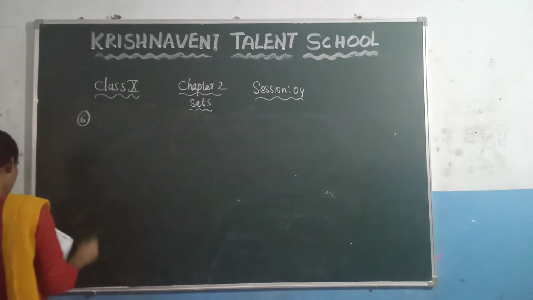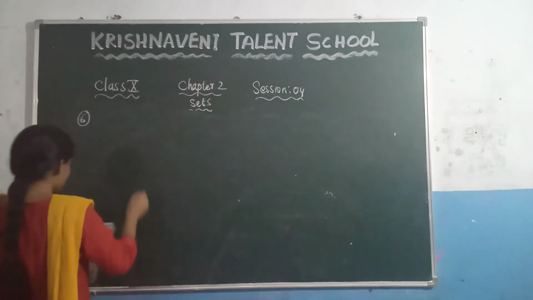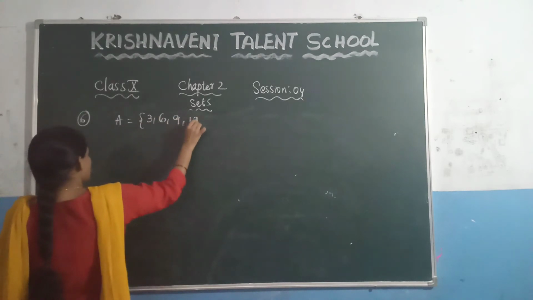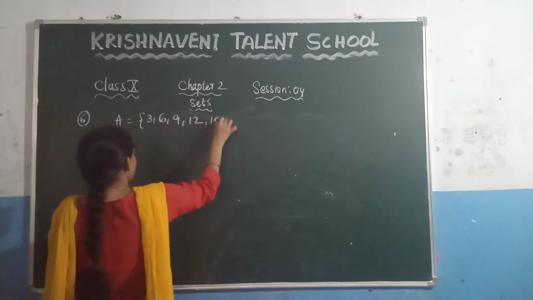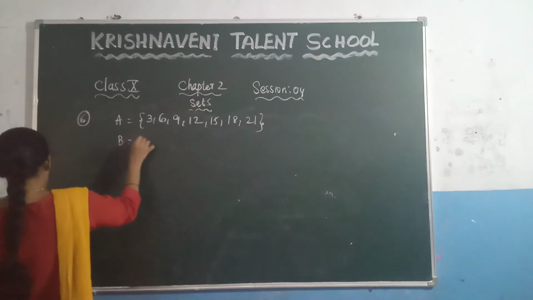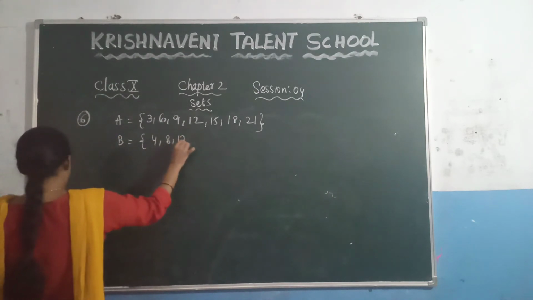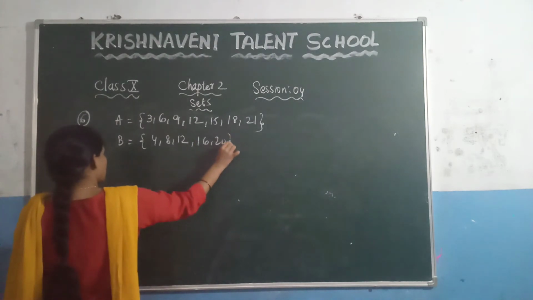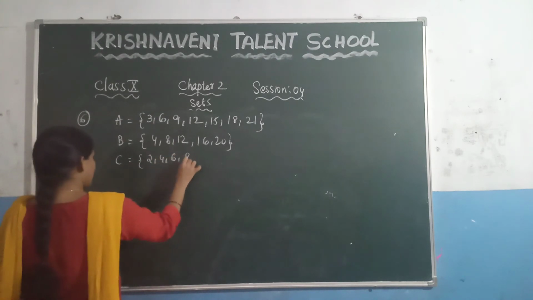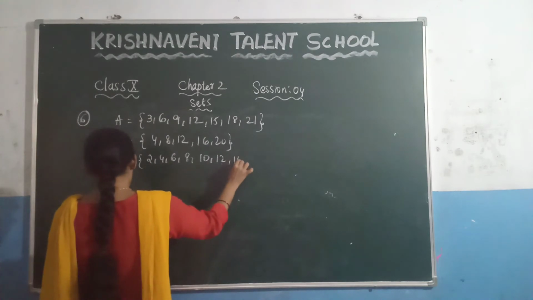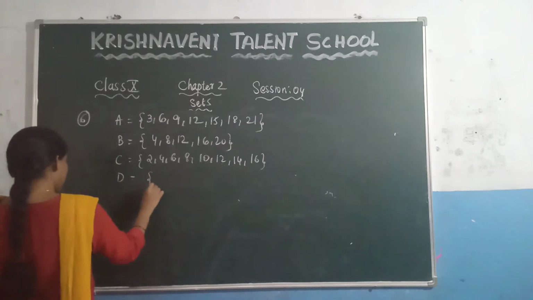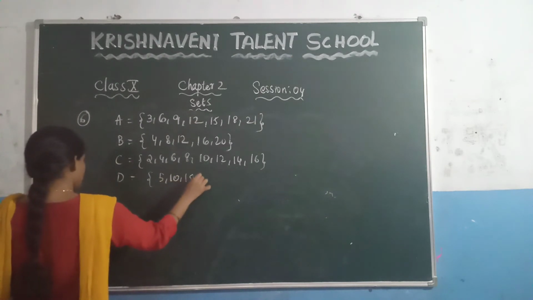Sixth question. Here they have given some sets: A is equal to 3, 6, 9, 12, 15, 18, 21 and the set B is given as 4, 8, 12, 16, 20, and similarly the set C they have given as 2, 4, 6, 8, 10, 12, 14, 16 and the set D is given as 5, 10, 15, 20.